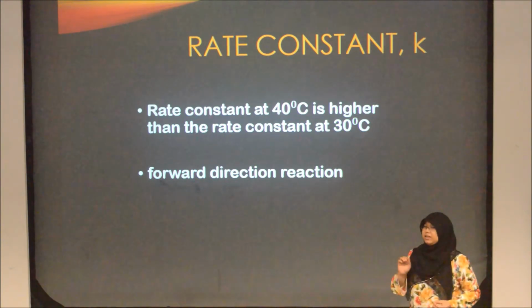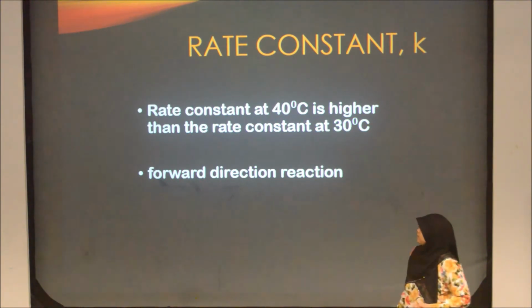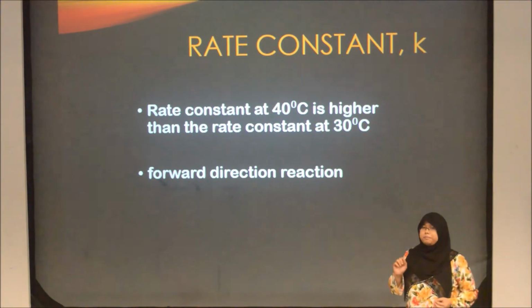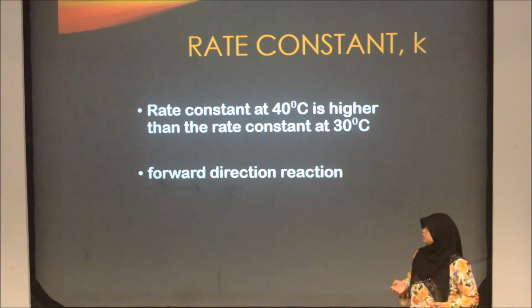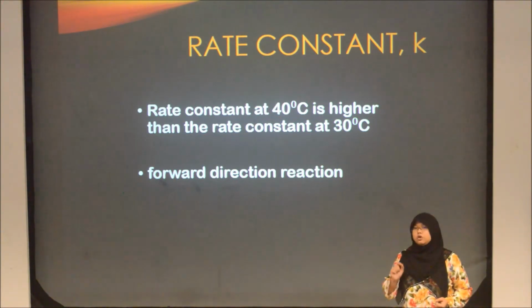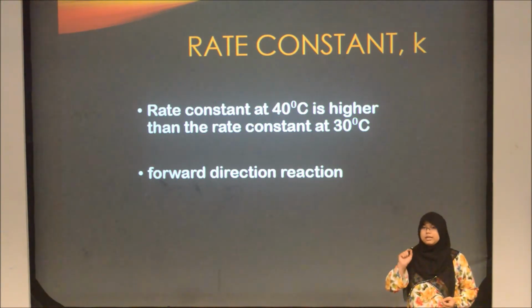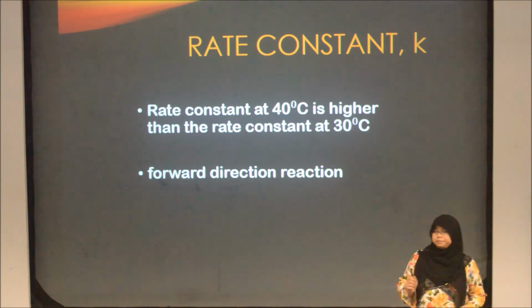This affects the frequency of collision and frequency of effective collision. Therefore, at high temperature, it will be easier to break down the molecules of the reactant to form product. So, as the temperature increases, the rate of reaction increases and so does the rate constant.